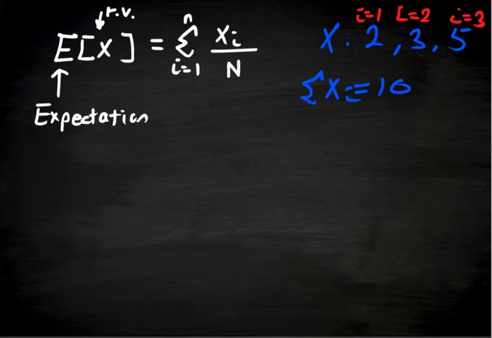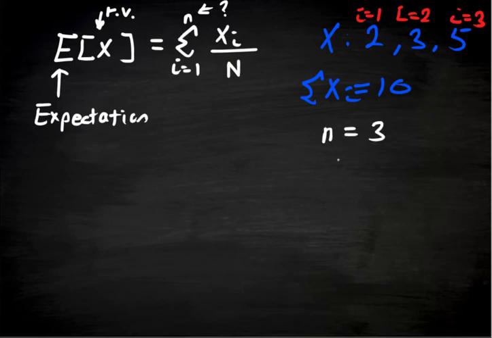But going back to the summation, what is n? Well, n is your sample size. So going back to this example, your data set has how many values? It has 3 values. So the sample size is 3.